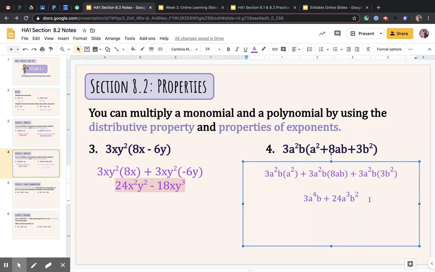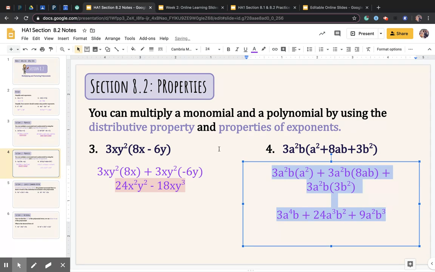I'm going to copy and paste that plus sign so I don't have to get rid of the superscript. Then I have 3 times 3, which gives us 9. A squared is the only a value here, so that's going to come down. And then notice I have b times b squared, so instead of b squared, it's going to be b to the 3rd. And actually, let's make this bigger.